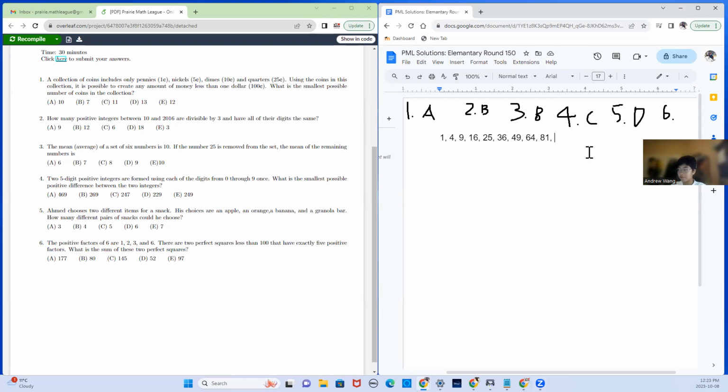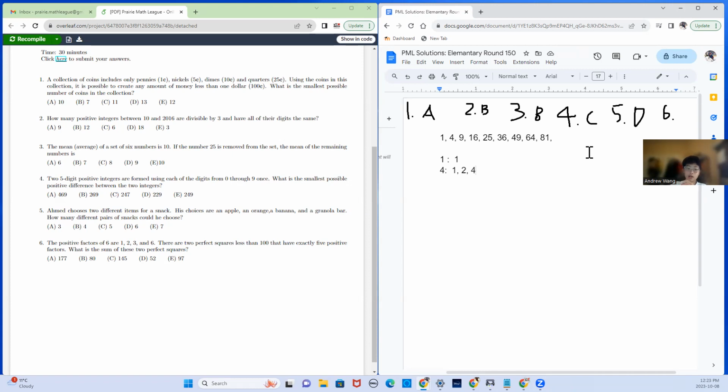And if we look at the individual factors of them, we can see that 1 only has 1 factor, so it's 1. And 4, there's 1, 2, and 4. So the perfect square 4 has 3 factors.